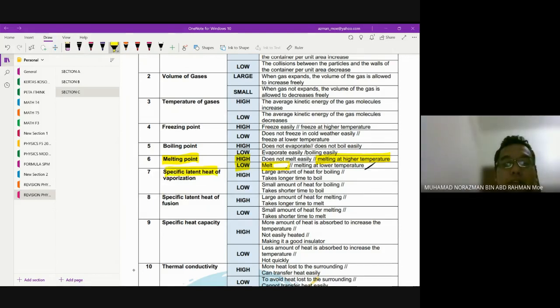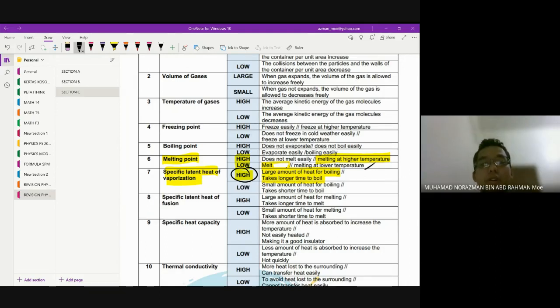Okay, specific latent heat of vaporization. Why we need it to be high? So large amount of heat for boiling, it will take longer time to boil. Okay, for example, if you want to choose good heat insulator, so good heat insulator is high specific heat capacity.